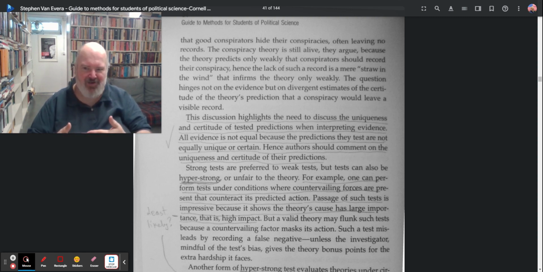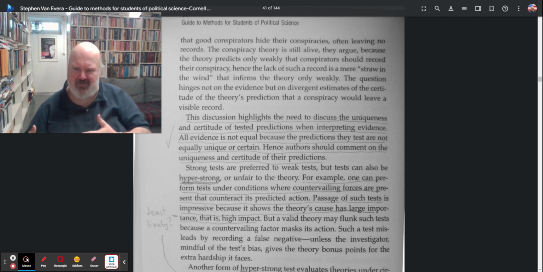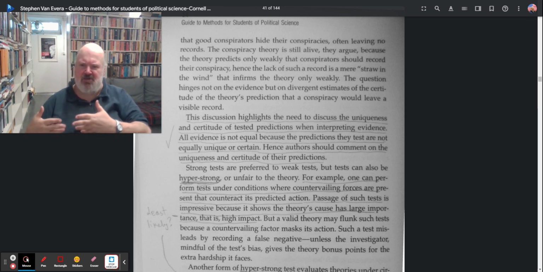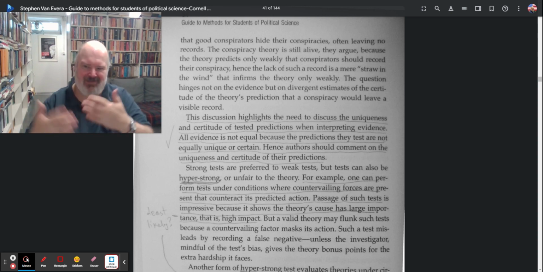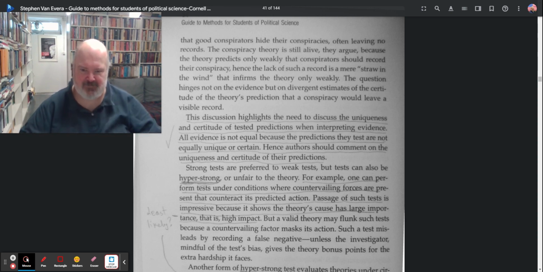You have to talk about how good the evidence is. How is it unique? Is it highly unique or of low uniqueness, highly certain or lacking certainty? Authors should comment on the uniqueness and certainty of the prediction.